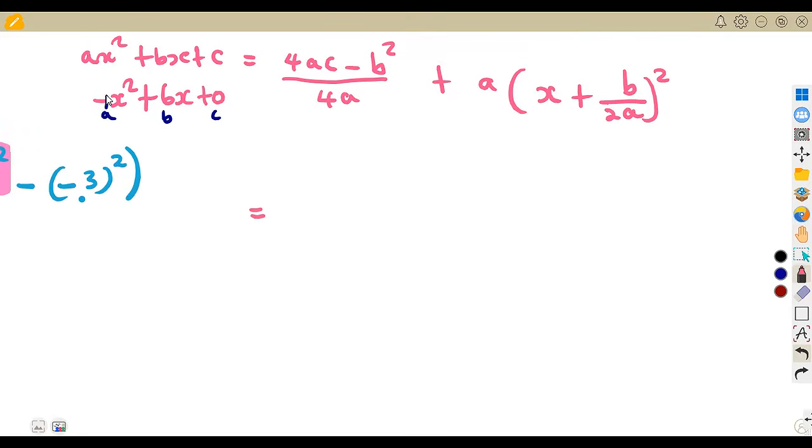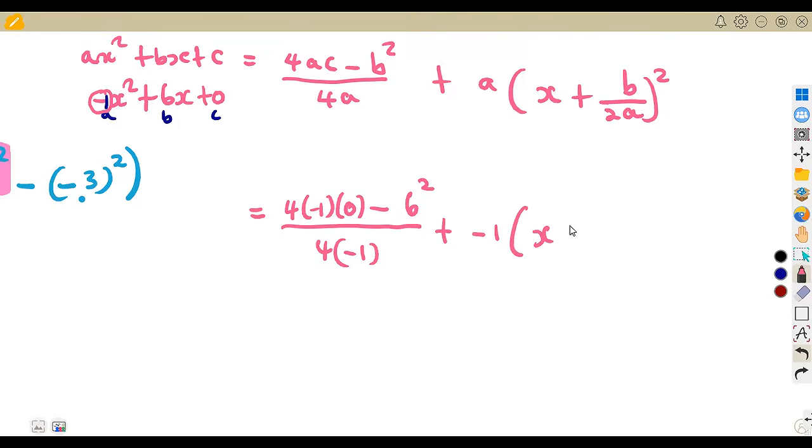You are simply substituting your a. From this format, our a is what? The coefficient of x squared, which is minus 1. So it's 4 times minus 1 times c. Our c is 0 on that one. Minus b squared, where b is 6. So it's going to be 6 squared over 4 times a, which is minus 1. Plus a, which is minus 1, into the bracket of x plus b, which is 6, over 2 times a, which is minus 1.